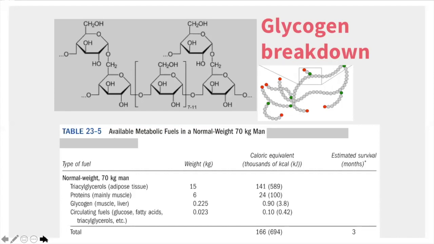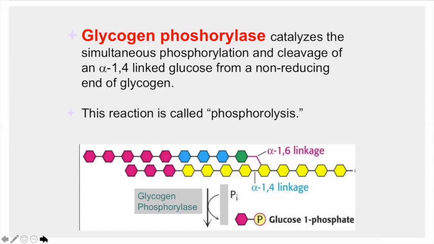Easy lang naman to. What you need to remember is the point of attachment for polysaccharides. I hope you still remember your biochem 1. What are the attachments for polysaccharide na glucose? Just to recap, for glycogen, ang difference mo lang with starch is that this is more highly branched.